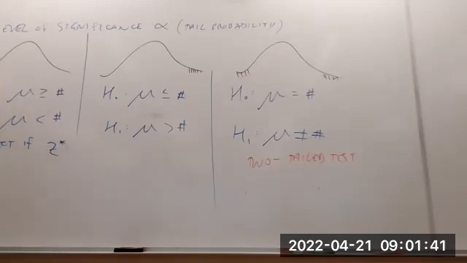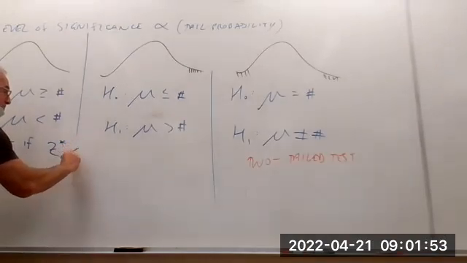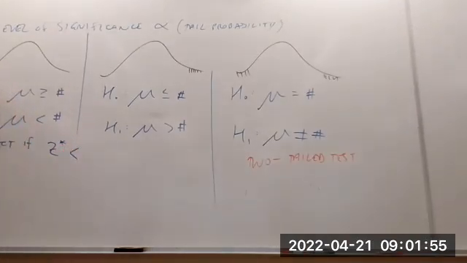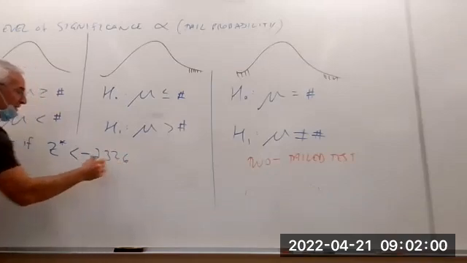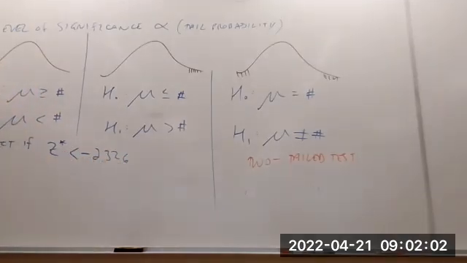It's not a z I'm looking up. You'd have all of your sample information, and you calculated a z value. If the z value was more negative than what number? Negative 2.326. But notice it's got to be negative. You're to the left of the negative.